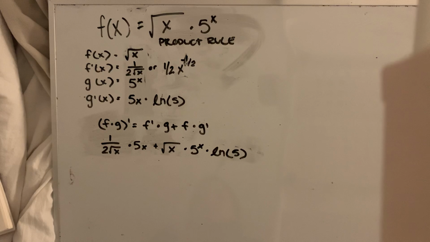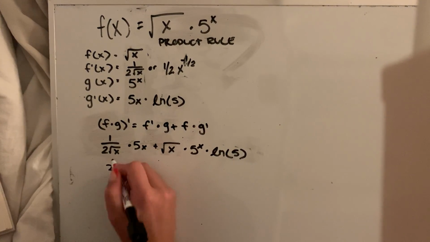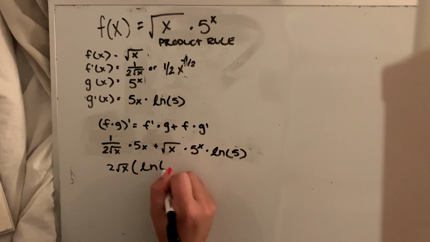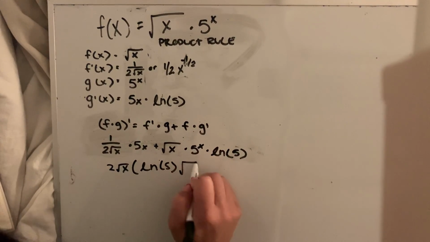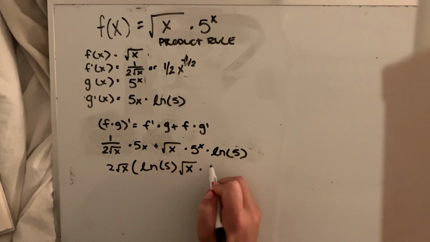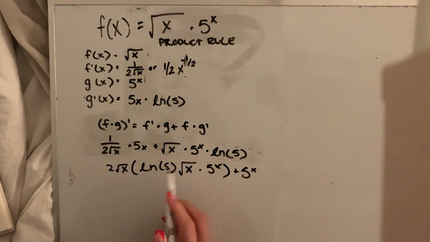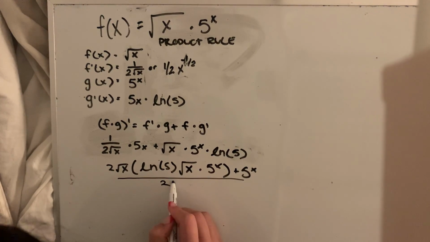In doing so, I have to multiply everything by 2 square root of x as well, because if you multiply the denominator, you also have to multiply the top by the number as well. So then I would do 2 square root x times ln 5, square root times 5^x, plus 5^x, over 2.